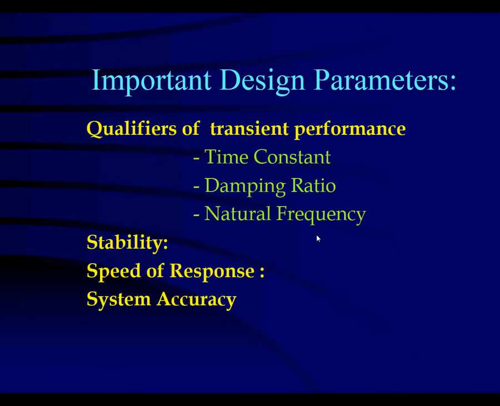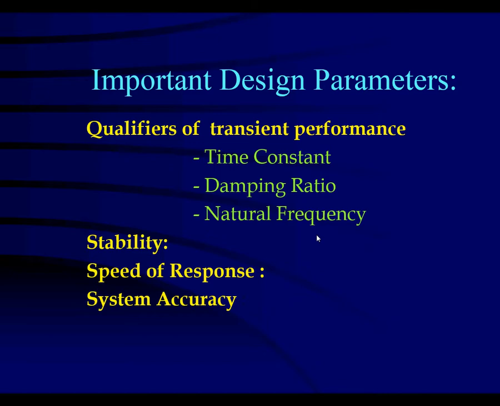Okay, what are the design parameters? These are the ones that you have studied, I believe on chapter 4 we touched on this. What is the time constant? What's the damping ratio? What's the natural frequency of the system? Is it stable, not stable? Is it accurate, not accurate?